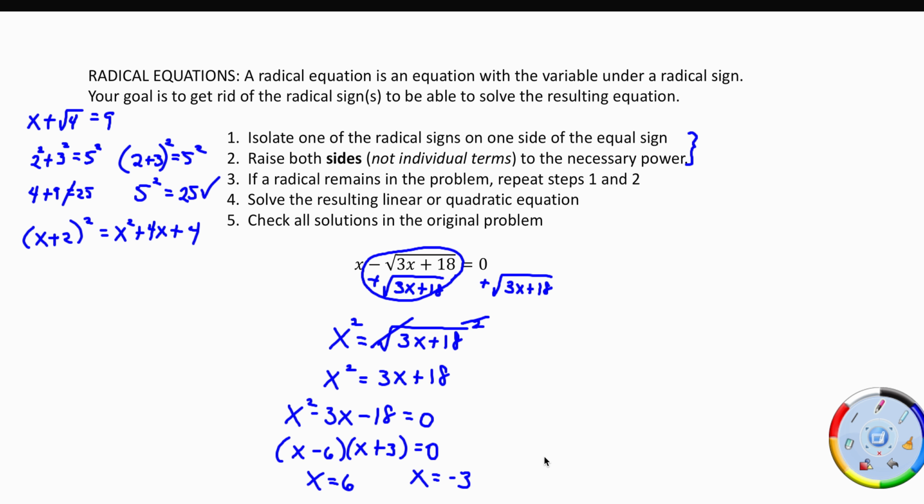This is the second time, so 2 of our 3 times we're covering today of when you have to check your answer. And in radicals, I've got to check both of these answers in my original equation. Because of the way that we square both sides of the equation, we introduce what could be called extraneous solutions or extra answers.